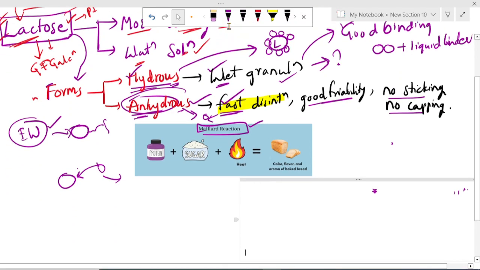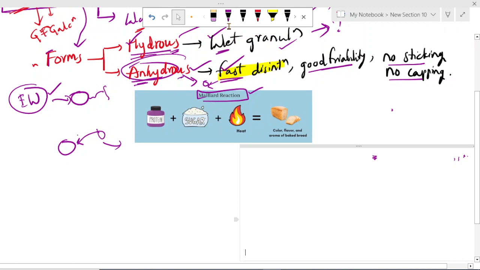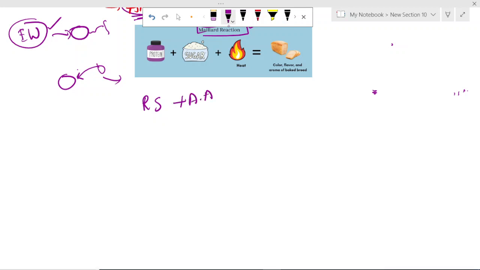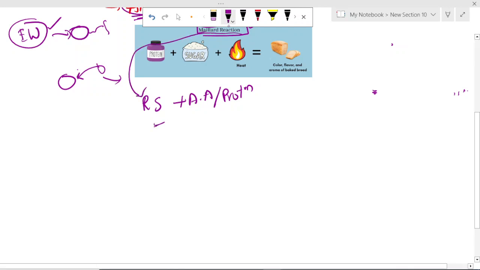See what exactly the Maillard reaction is. It is a chemical reaction that occurs between reducing sugars and amino acids or proteins. Proteins are units of amino acids.